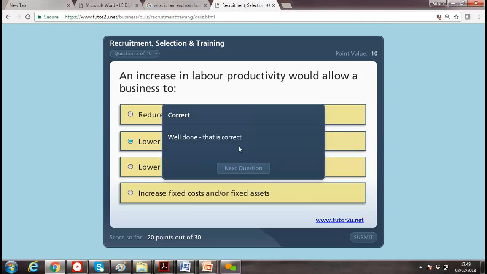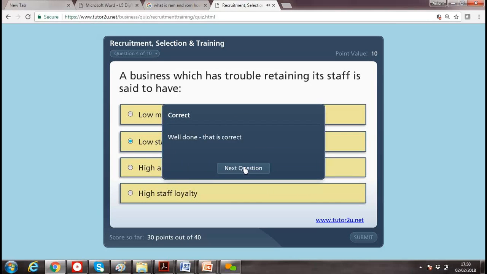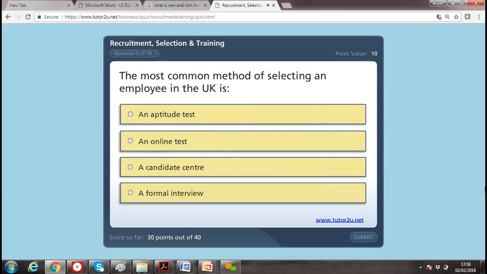Okay, well done. Lower prices and increase profit. A business which has trouble retaining its staff is said to have low staff retention. Well done. That's a big issue in organizations.